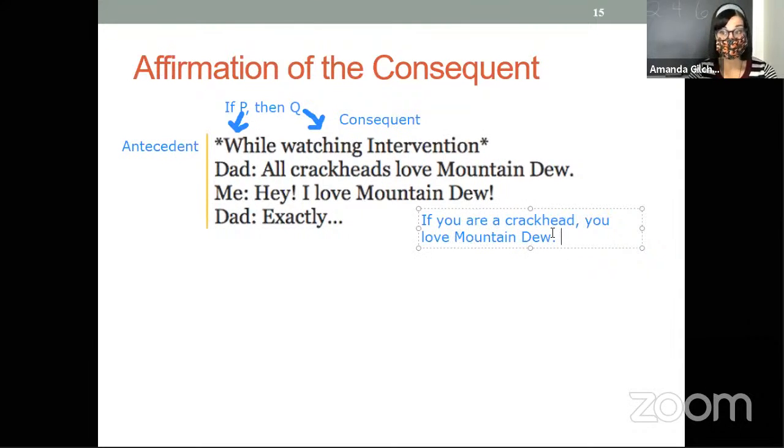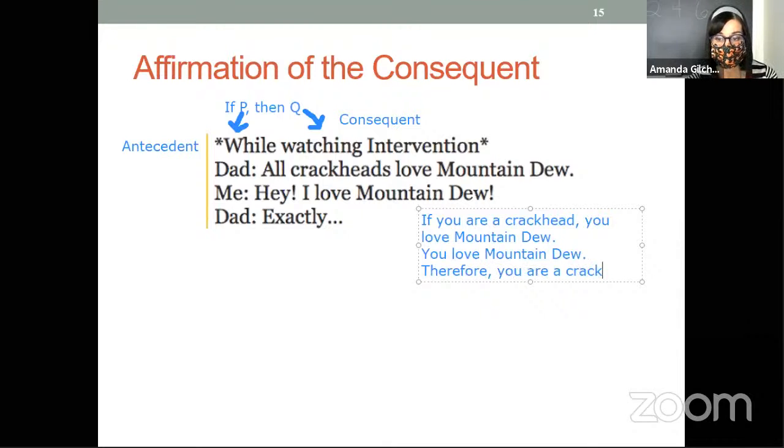This is the consequent. You love Mountain Dew. So this would be what's called affirming the consequent. We're saying, yes, the consequent is true. Therefore, you are a crackhead. This is one of the weirdest arguments I've ever pulled up.